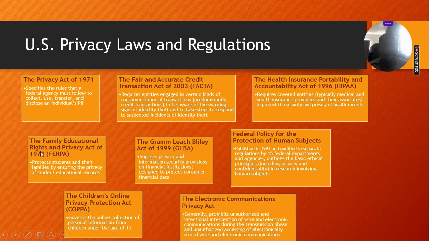So another U.S. privacy law and regulatory body that they have is the Family Educational Rights and Privacy Act of 1974. This one protects students and their family by ensuring the privacy of the students' educational records. Okay, you cannot just come to us and say, oh, we want to see the result of Mr. A. No, we cannot. It's privacy. It's the basis, right?